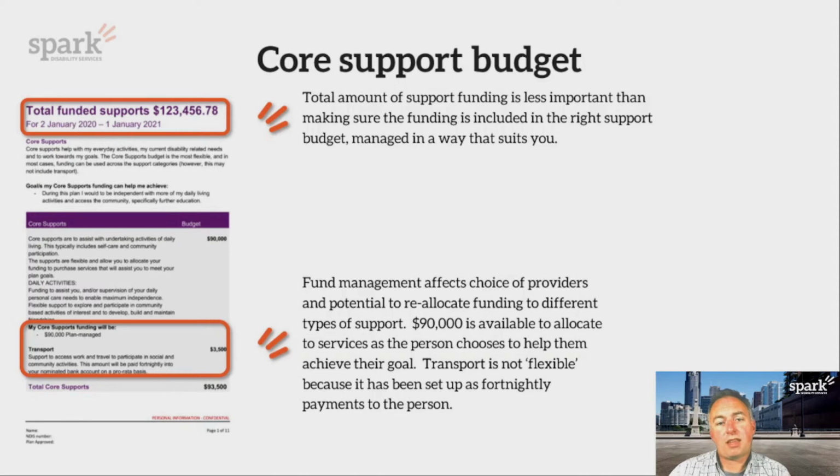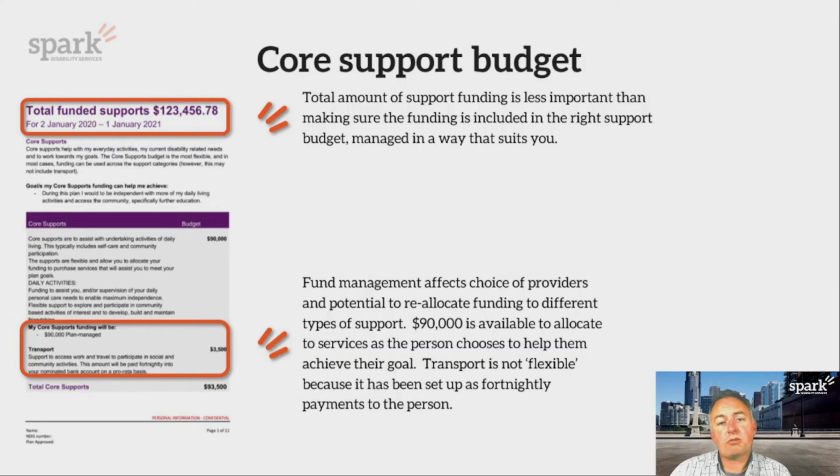And that means that the person can use the funding to pay for different kinds of support services as they need. For example, they might require some personal care support at home, as well as some support to go out in the community.